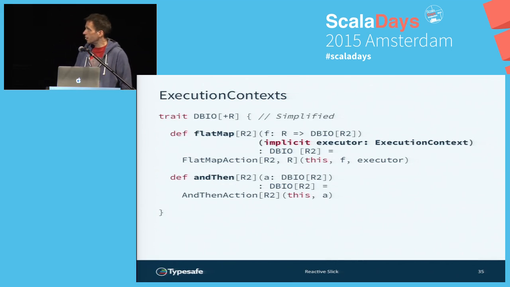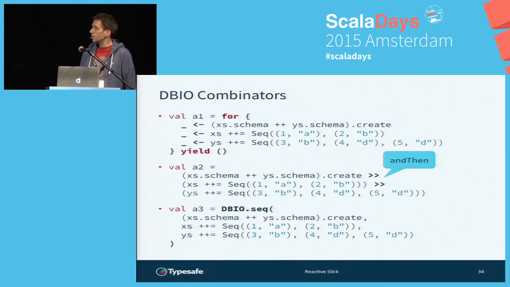You can see that in the signature of andThen, we have a left-hand side, of course, which you call this on, your DBIO of R, which already exists. You have an object that you call the method on, and the right-hand side is a DBIO of R2. That's another object that exists. So if you go back to these insert operations, these operations actually have to compile the SQL code to do the insert.